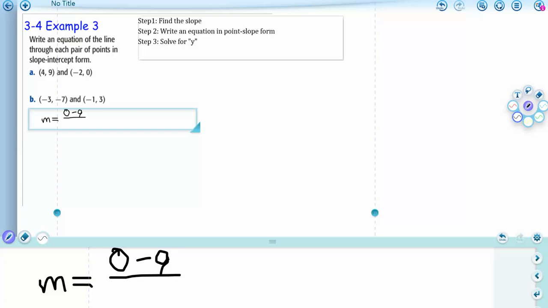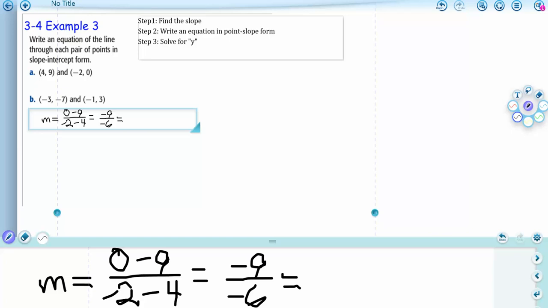On bottom, my x coordinate from the second point, which is negative 2, minus, again it's always minus, 4. And now simplify. 0 minus 9 is negative 9. And on bottom, negative 2 minus 4 is negative 6. I can simplify that fraction.